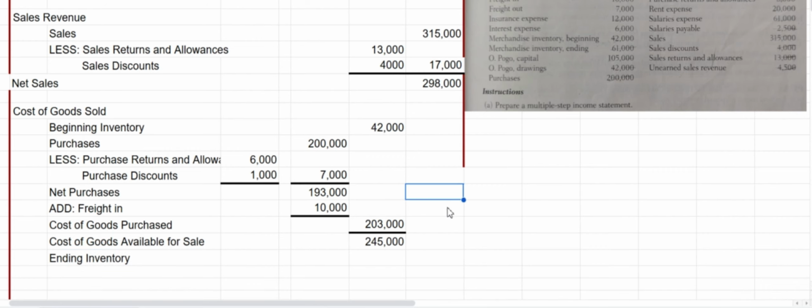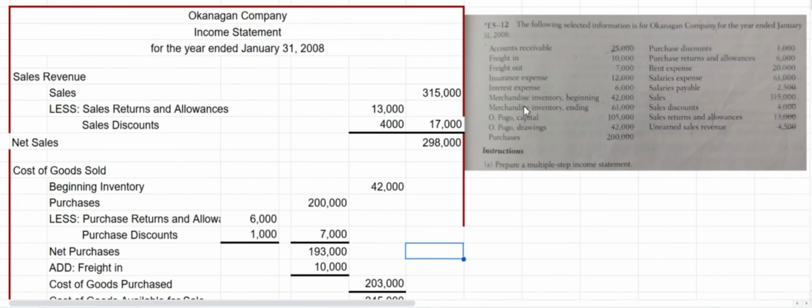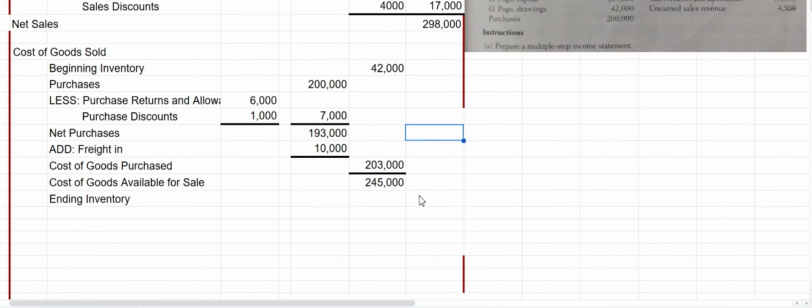In this case, it tells you it's merchandise inventory ending, which is the same thing as ending inventory, is 61,000. And this is how we calculate the cost of goods sold.